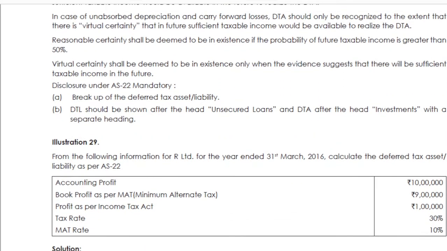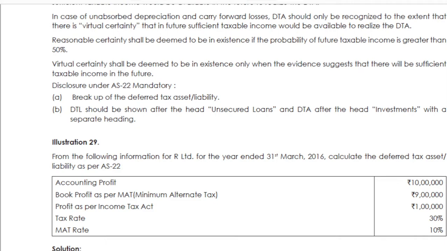So what is the question? From the following information for a limited company for the year ended 31st March 2016, calculate the deferred tax asset or liability as per AS 22. This is the question. We have to calculate whether there is a deferred tax asset or a liability as per AS 22 or not.